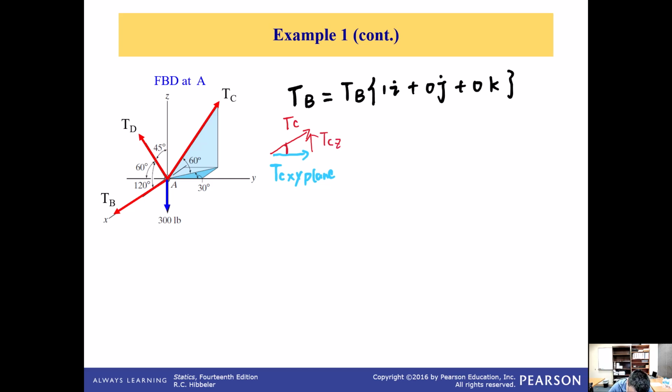So which means our TCZ becomes TC times sine 60 degrees, and TCXY plane becomes TC times cosine 60.